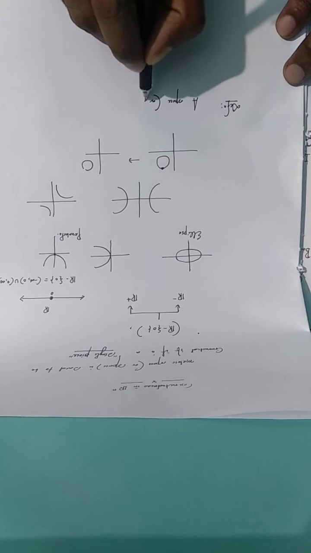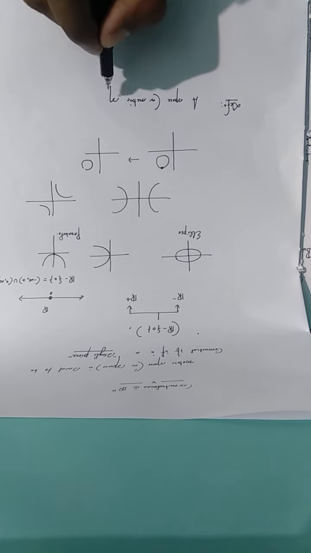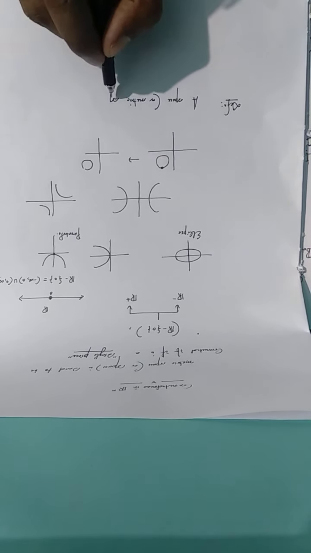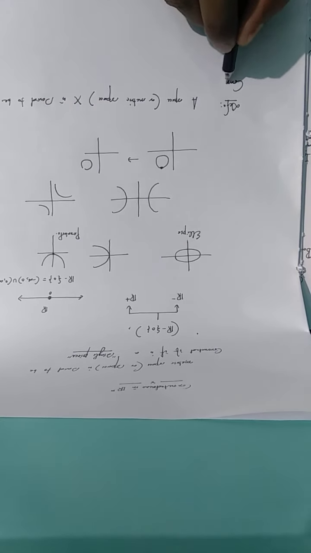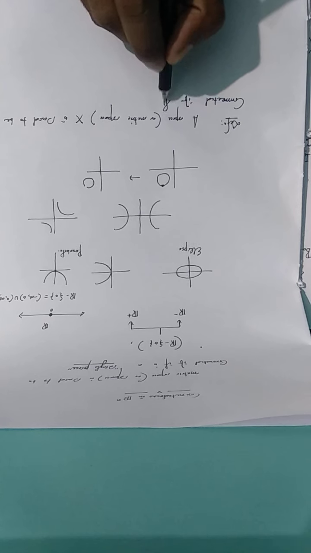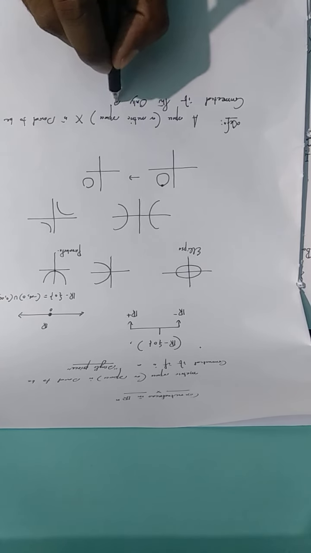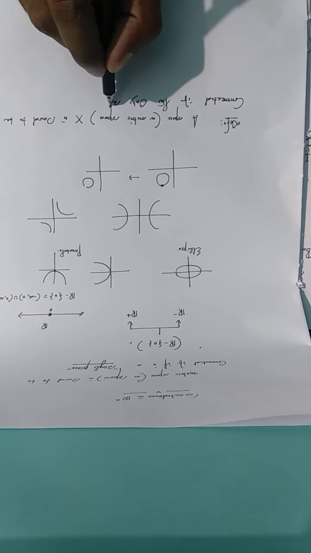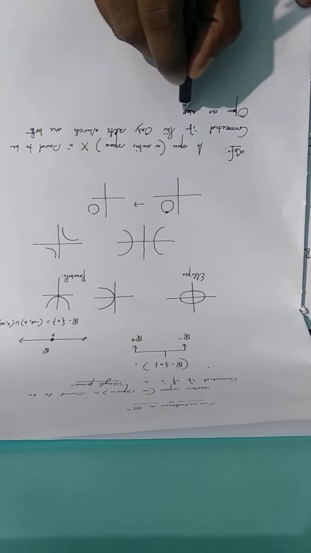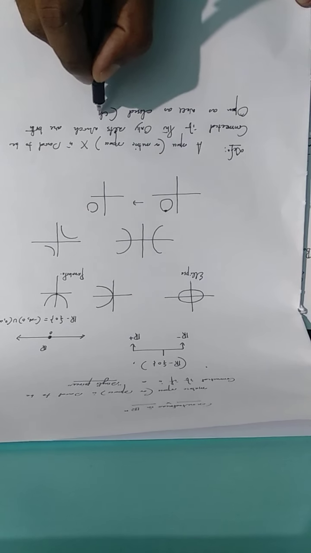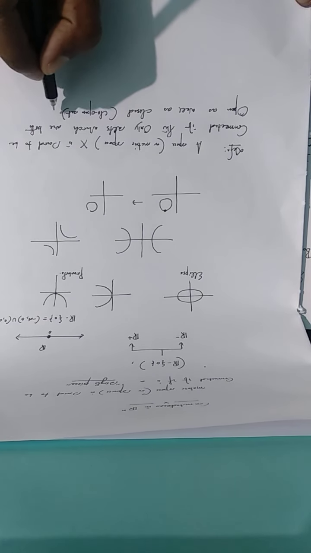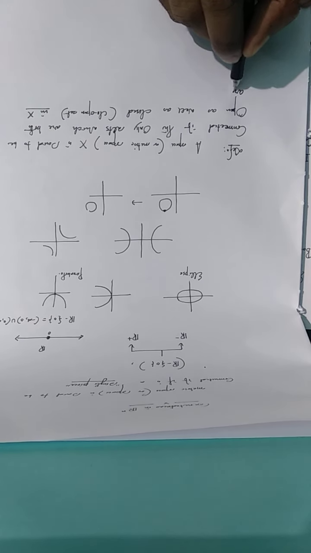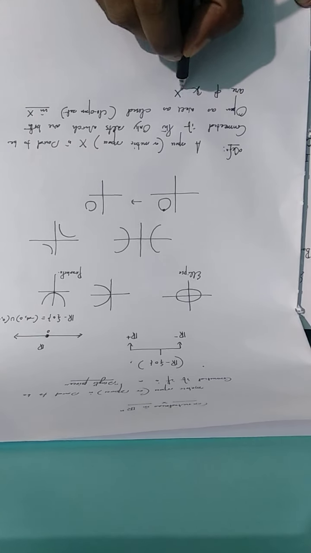A space or metric space X is said to be connected if the only sets which are both open as well as closed in X, that is very very important, are the empty set phi and the whole set X.